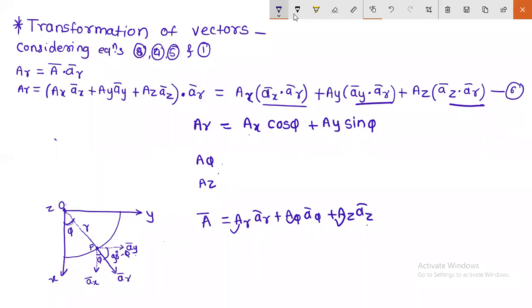Just tell me, did everyone understand how to find this? You have to simply find the dot product of unit vectors.